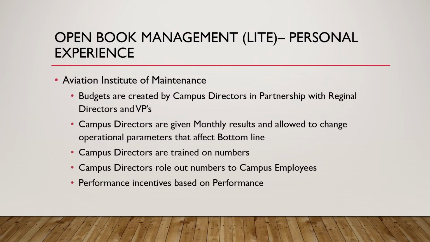My personal experience in this, in the current organization that I work with, the Aviation Institute of Maintenance: we are creating our own budgets for the school. Obviously, it's a partnership with corporate. We get a lot of autonomy, though, in terms of how we control that budget. A lot of the line items are controlled specifically by the campus director.